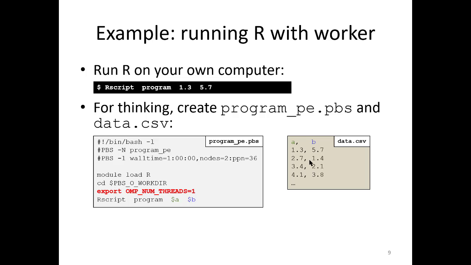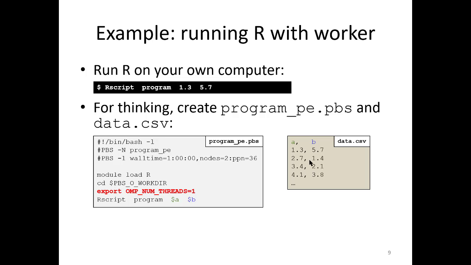Also notice that there is an export OMP_NUM_THREADS=1. That ensures that R in the background won't try to do multi-threading. It won't try to use multiple cores for a single computation.